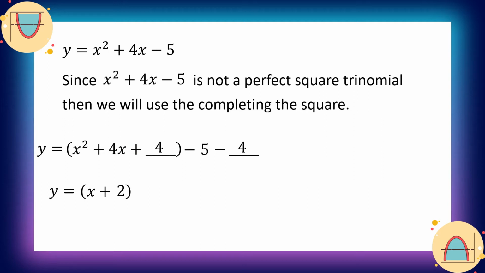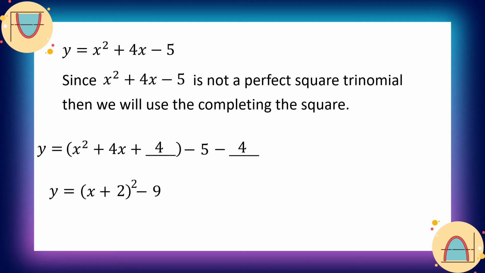We now place our grouping symbol and its exponent, which is 2. Negative 5 combined with negative 4 is equal to negative 9. The vertex form of the given quadratic function is y equals the square of the sum of x and 2, minus 9.